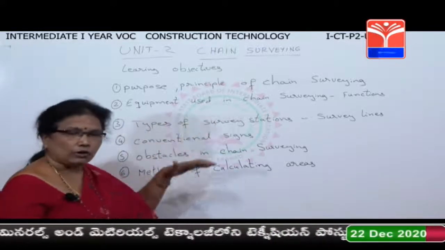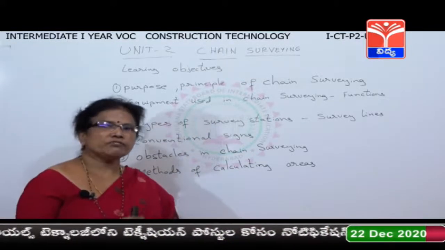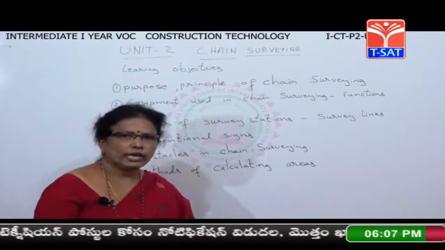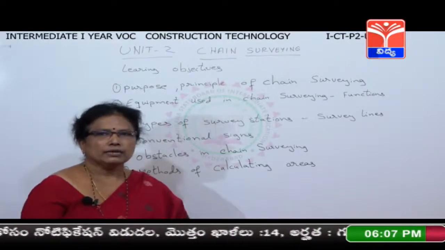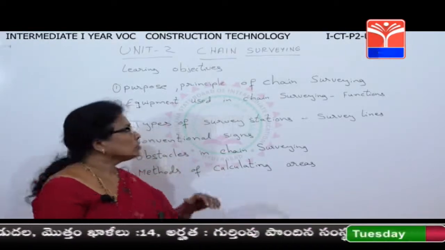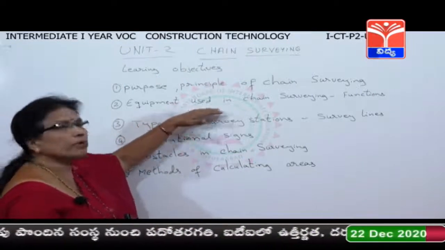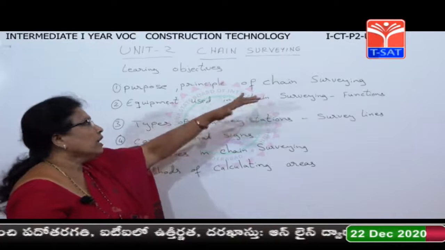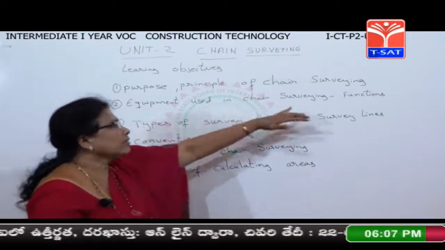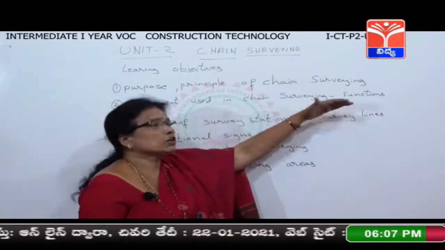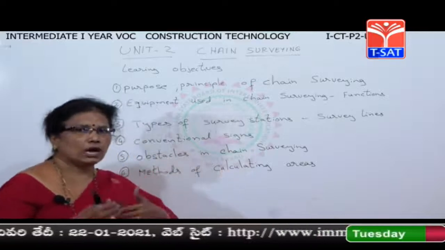Then afterwards, not only the chain, we use different accessories and different equipment to measure the distances along with the chain. So next, we are going to learn the different equipment used in chain survey. We'll learn the figures and the functions, that means the uses of those instruments and how they are used.